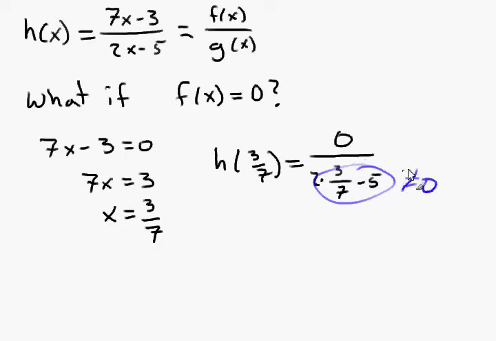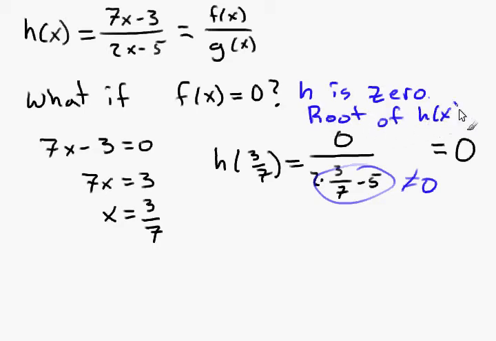So 0 divided by something that's not 0 is equal to 0. The answer is h is 0. The result of our function is 0. This is a root of this function, h.